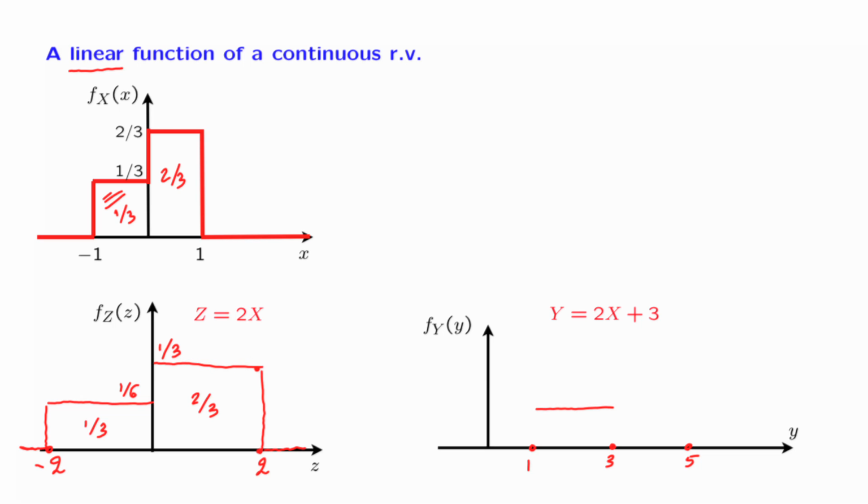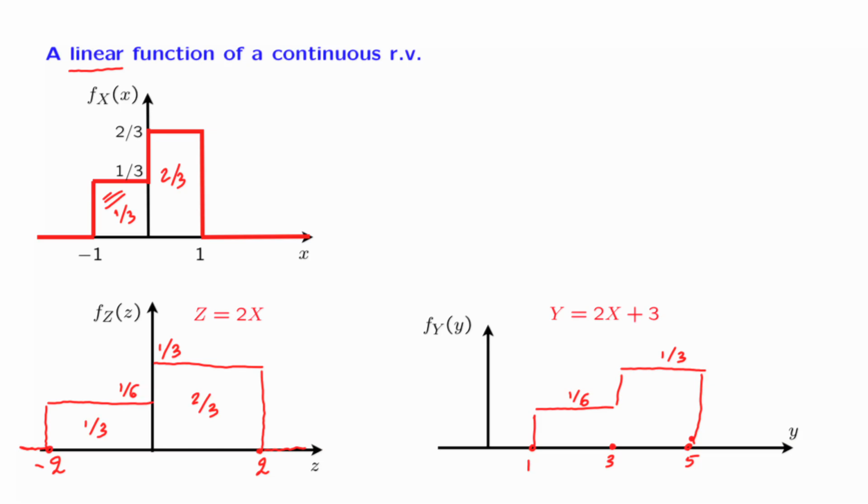And by a similar argument, these values in the range from 3 to 5 should also be equally likely. This rectangle corresponds to this rectangle here, so the area should be the same, and therefore the height should also be the same. Therefore, the height here should be 1/6, and by the same argument, the height here should be equal to 1/3.